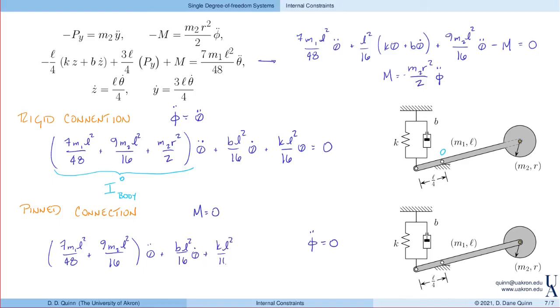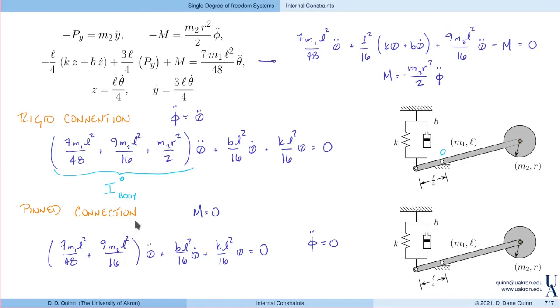KL squared over 16 times theta equals 0. So we now have a different equation for the behavior of the bar when we have a pinned connection. And the difference is precisely this additional factor of m2r squared over 2, which represents the moment of inertia of the disk about its center.